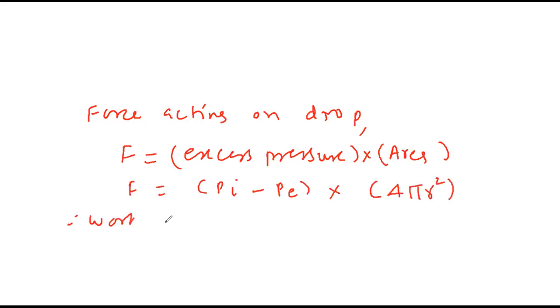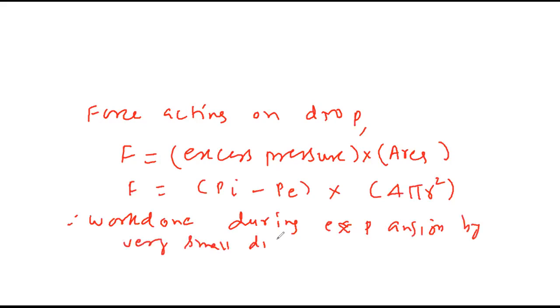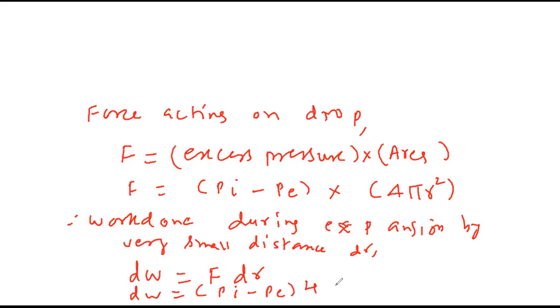Therefore, work done during expansion by a very small distance dr, dW is F into dr. So dW is (P internal minus P external) into 4 pi r square dr, equation 2. Copy this also.